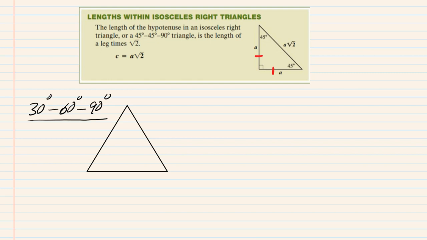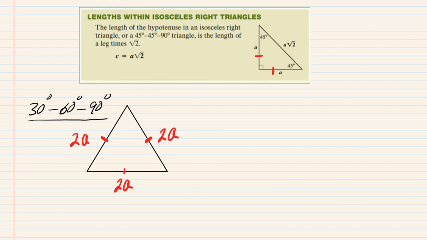That means all sides are equal. So this side, and this side are all the same. Okay, now for simplicity of our work, to where we don't need to introduce fractions in our work, I'm going to call these not A like the one above, but rather 2A.